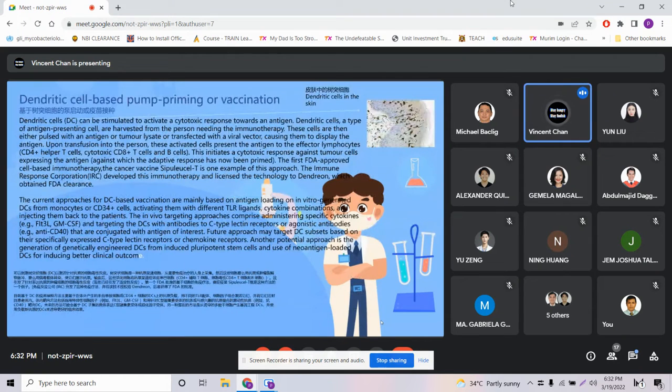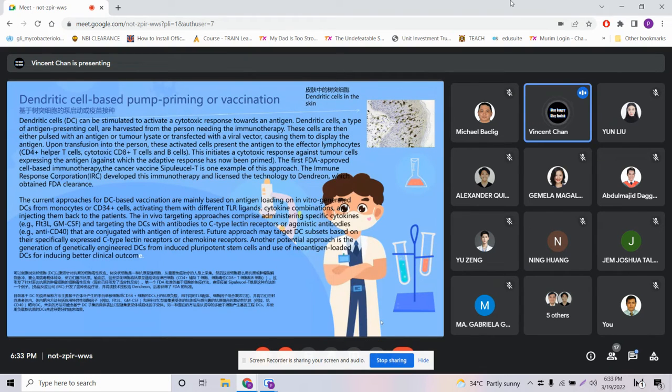Okay, next page. It's about dendritic cell-based pump priming or vaccination. Dendritic cells (DC) can be stimulated to activate a cytotoxic response towards an antigen.